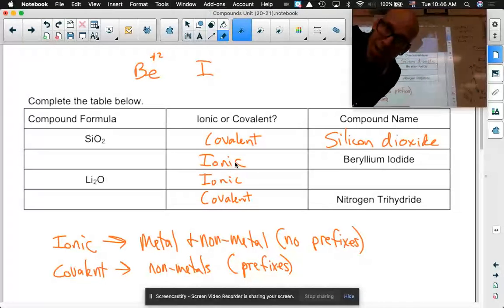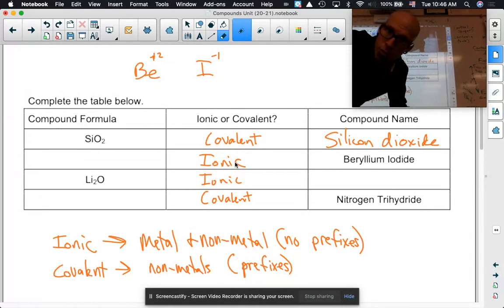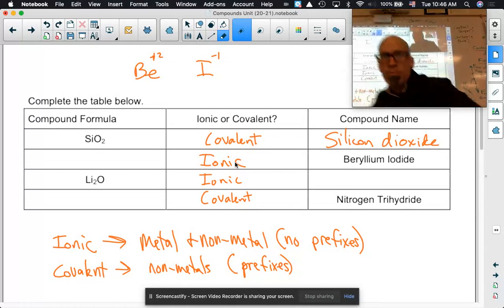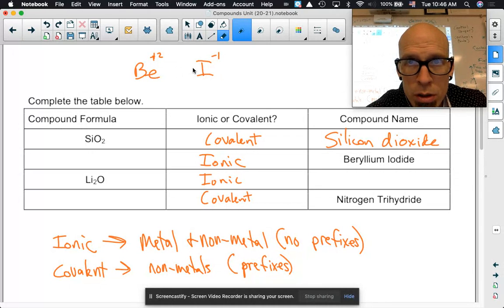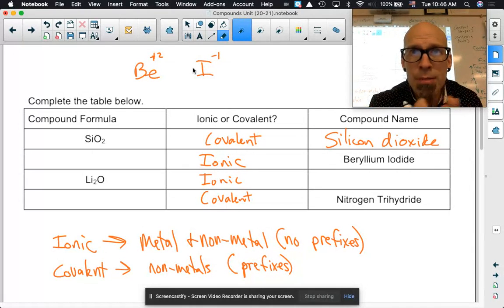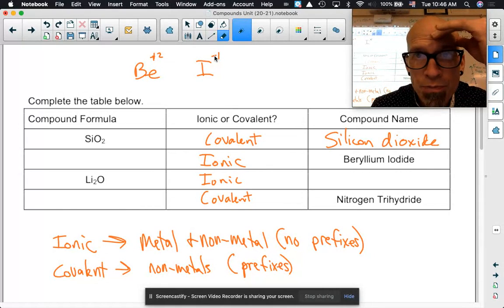So you should be writing ion symbols for these. Then we can figure it out. Iodine is a -1. It's a halogen. It's all the way on the right side there in group 17. So question is, how can these combine to make neutral? There's only one way they can combine and make a neutral compound. How can a +2 and a -1 combine?